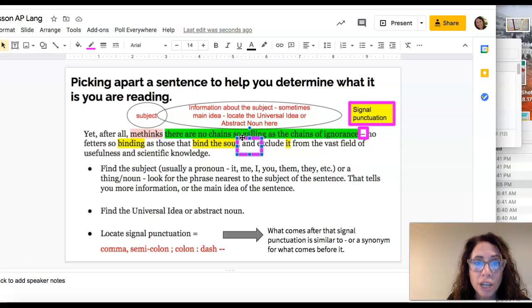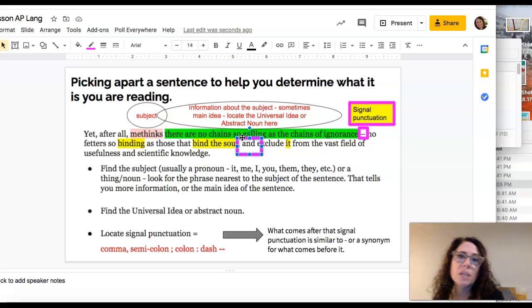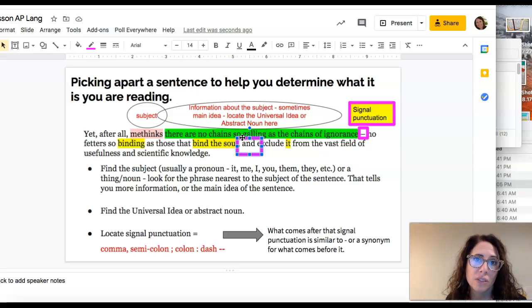So the subject of the sentence would be chains, right? And she's basically saying that the chains of ignorance exist. So the universal idea would be ignorance. It's a universal idea because it is abstract, but we do know it exists, and we can say we feel it, or we have emotion next to it, or we have a picture of it, but we can't buy it, sell it, touch it, feel it, hold it.